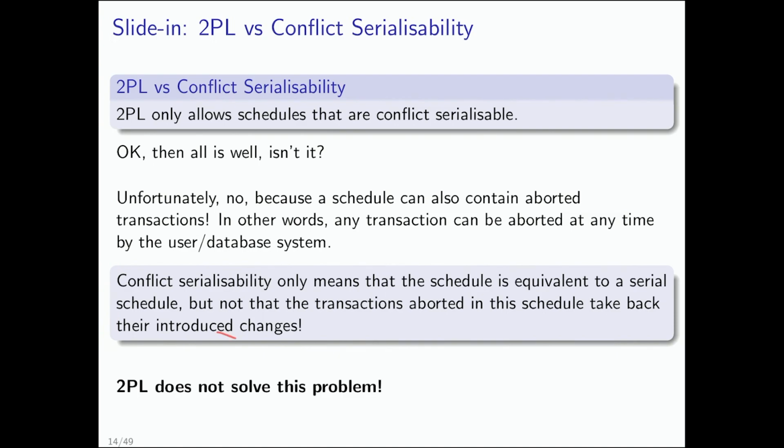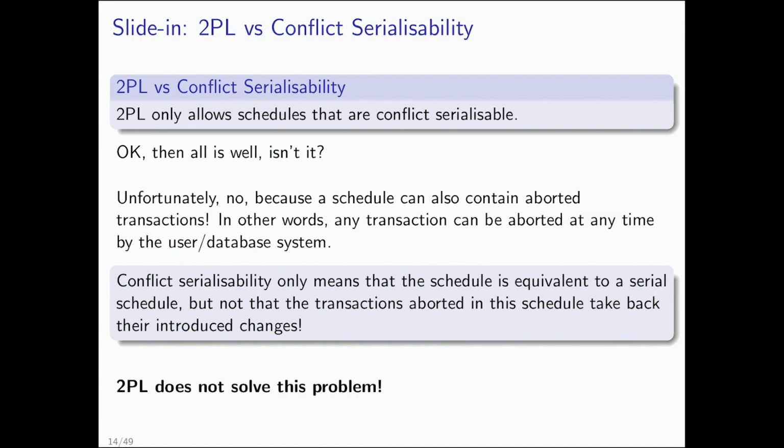So what I'm showing with conflict serializability is only that I have a bunch of transactions, some of them commit, some of them abort, and after interleaving them in a way that I can show the schedule is conflict serializable, the state of the database system will be equivalent to one of the serial schedules of the transactions.